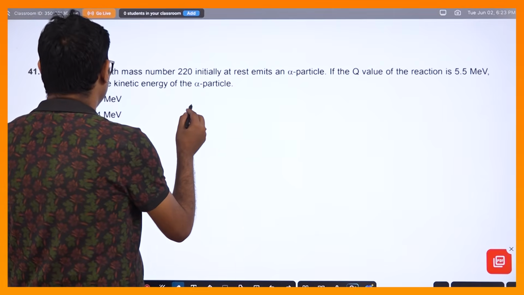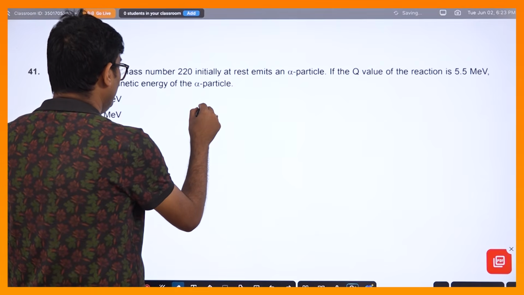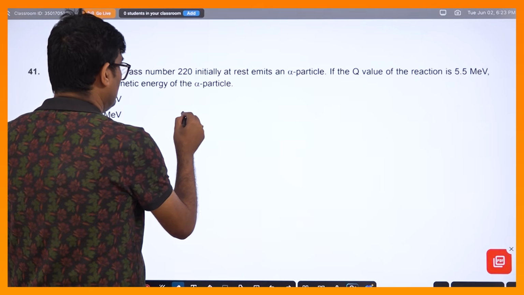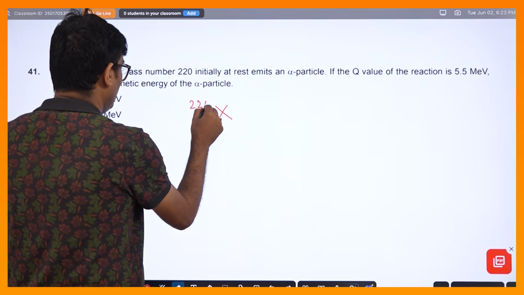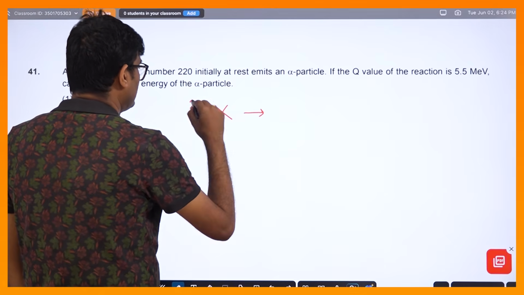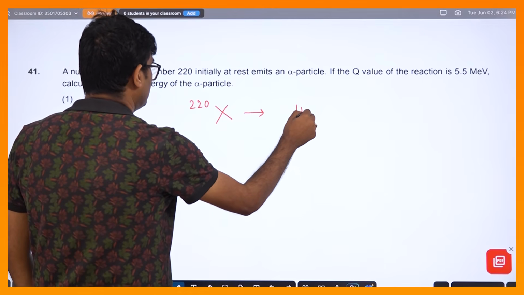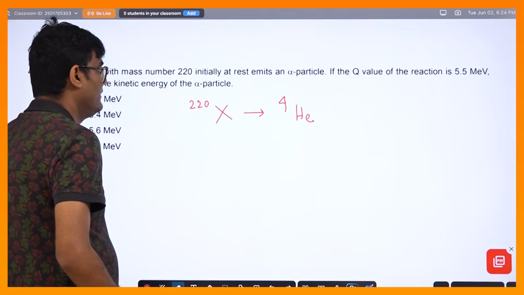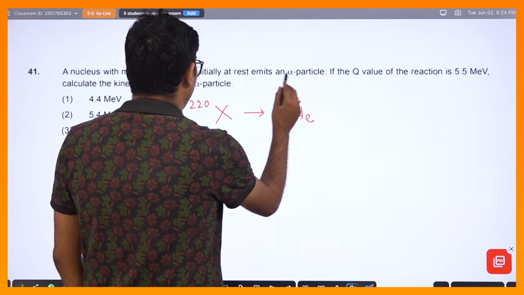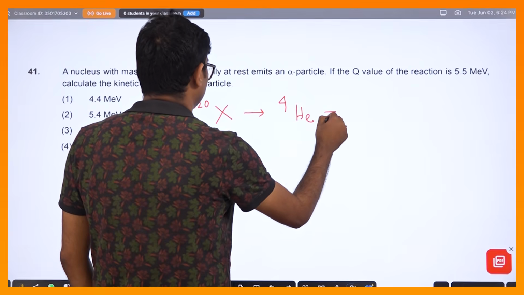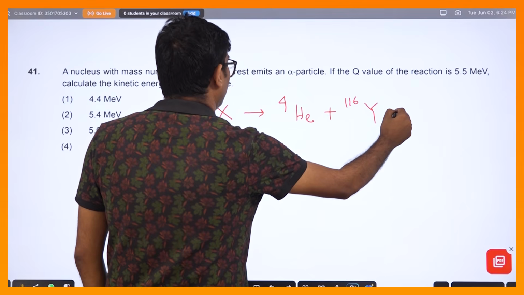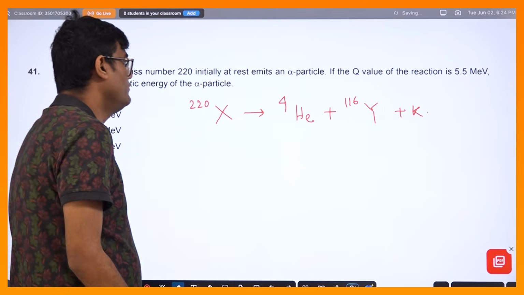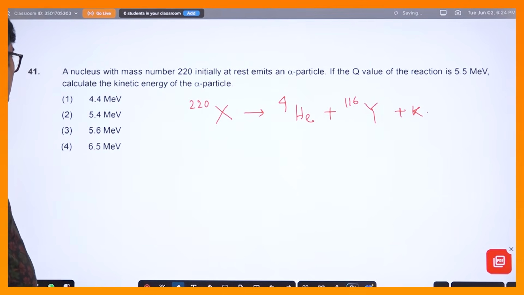So suppose a nucleus X of mass number 220 at rest emits an alpha particle of mass number 4, plus 216 into Y, suppose, plus some kinetic energy. Q value of the reaction is 5.5. Calculate the kinetic energy of the alpha particle.